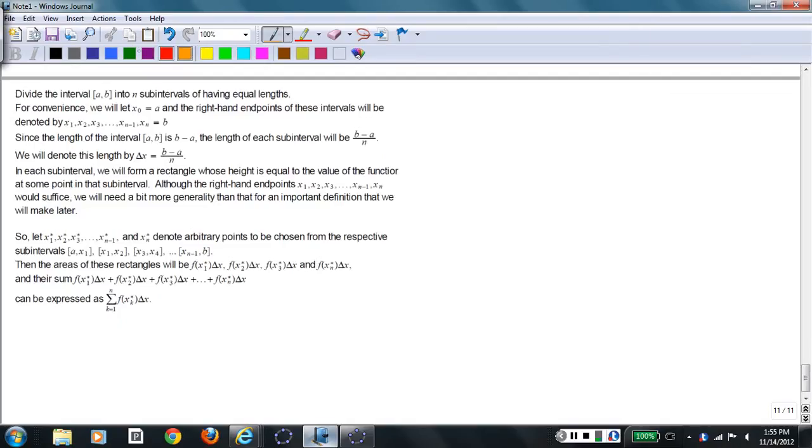What we want to be able to do is this. We want to write an expression for an approximation of the area bounded by the graph of a continuous function and the x-axis over a closed interval, let's say from A to B.